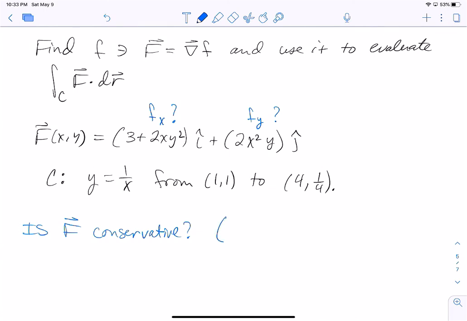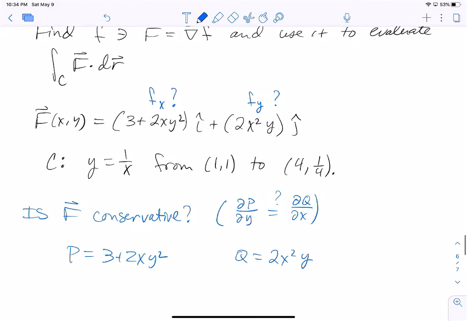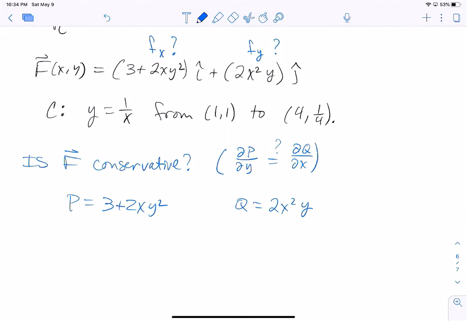And remember, the tool that we can use to check that is if I take the partial of P with respect to y, is that equal to the partial of Q with respect to x, considering the i component to be P and the j component to be Q. So since P is equal to 3 plus 2xy squared, the partial of P with respect to y is equal to 4xy.